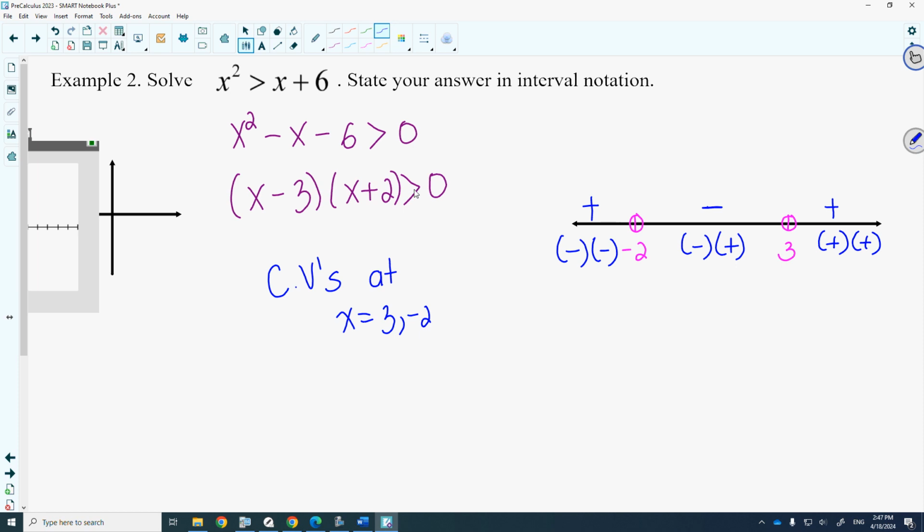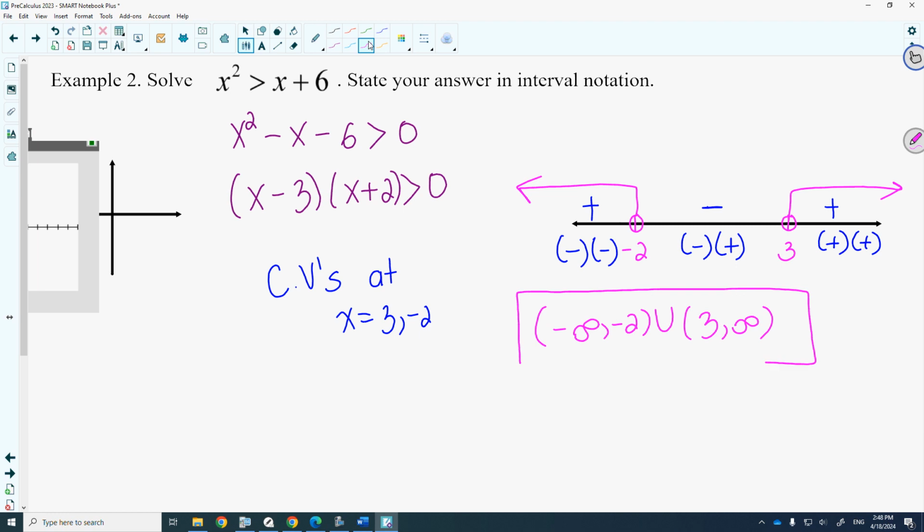I'm looking for greater than 0, so that's the positive regions. So this is going to be a solution, and this is going to be a solution. Written in interval notation, it would be negative infinity to negative 2 union 3 to infinity. And that would be my answer.